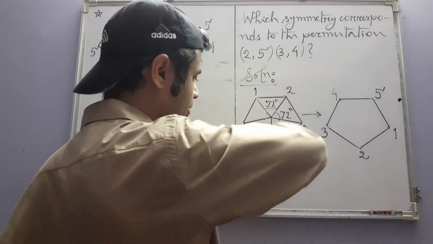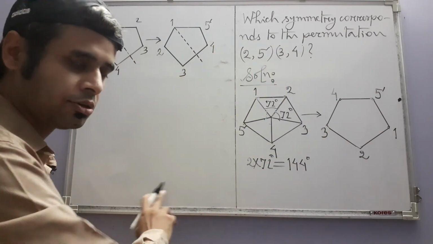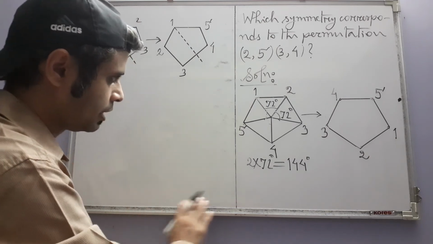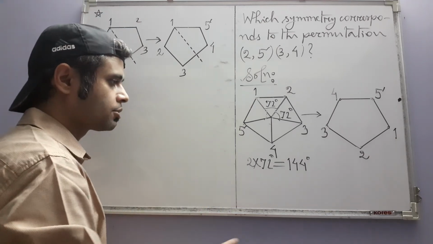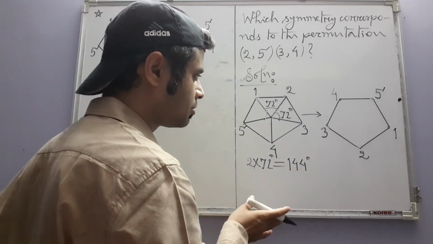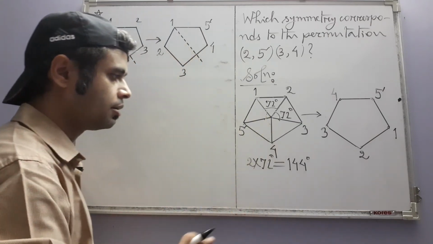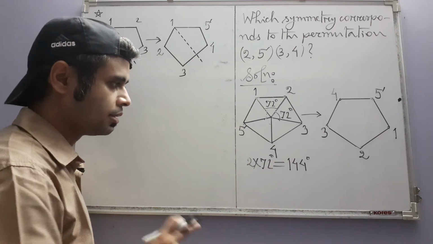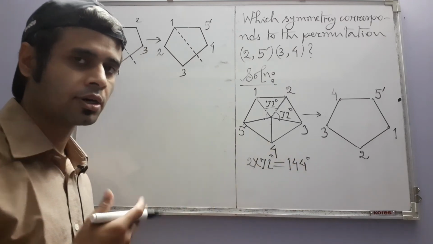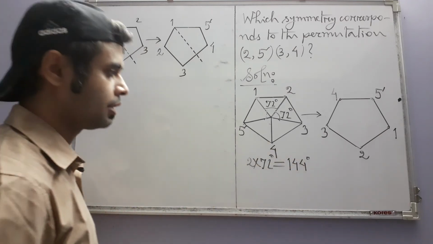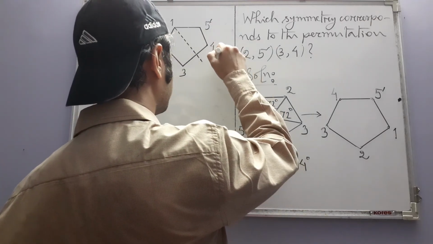This corresponds to the previous one, the other one, that 5 cycle, corresponds to the geometric transformation of rotating the pentagon about its center in the clockwise sense by an angle 144 degrees. So that will give you the solution.